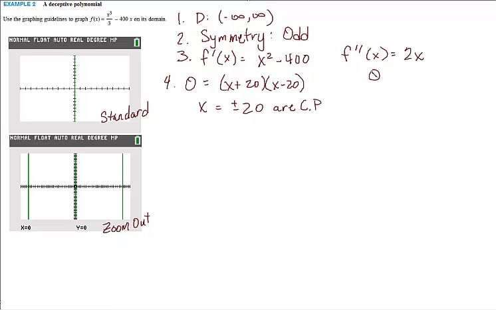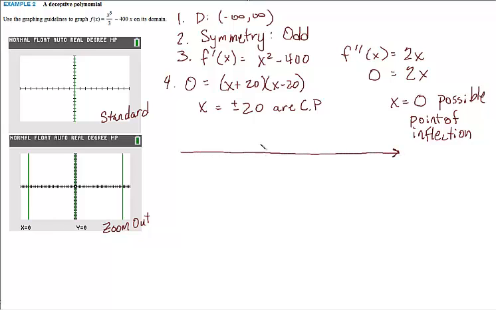F double prime equals 2x, so x equals 0 is a possible point of inflection. Okay. How do I tell? Well, draw this number line here. I'll put a -20 here, and I'll put a 20 here.